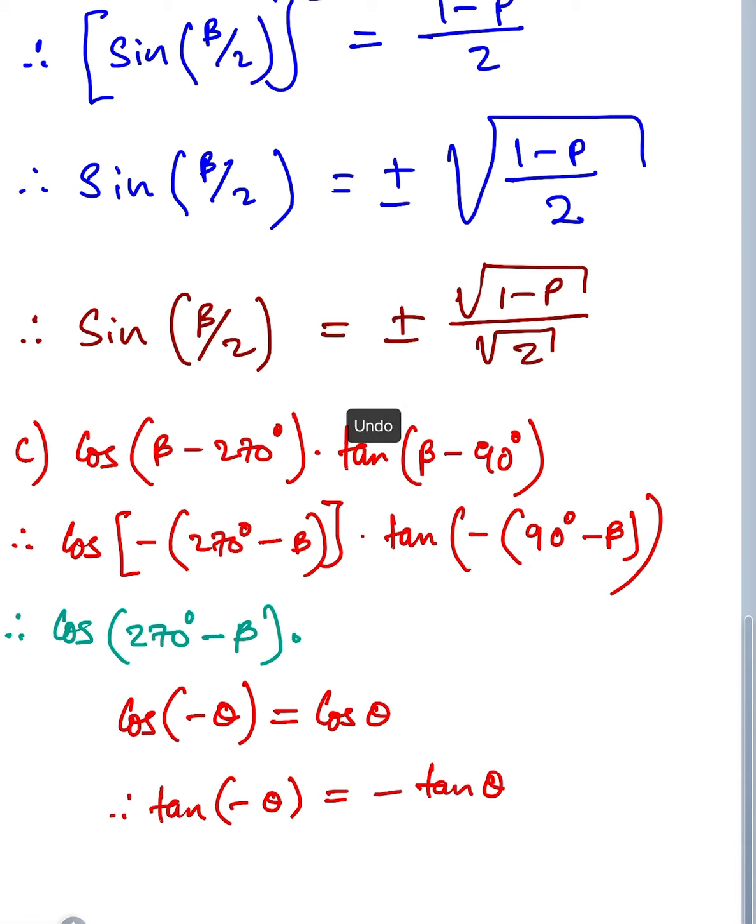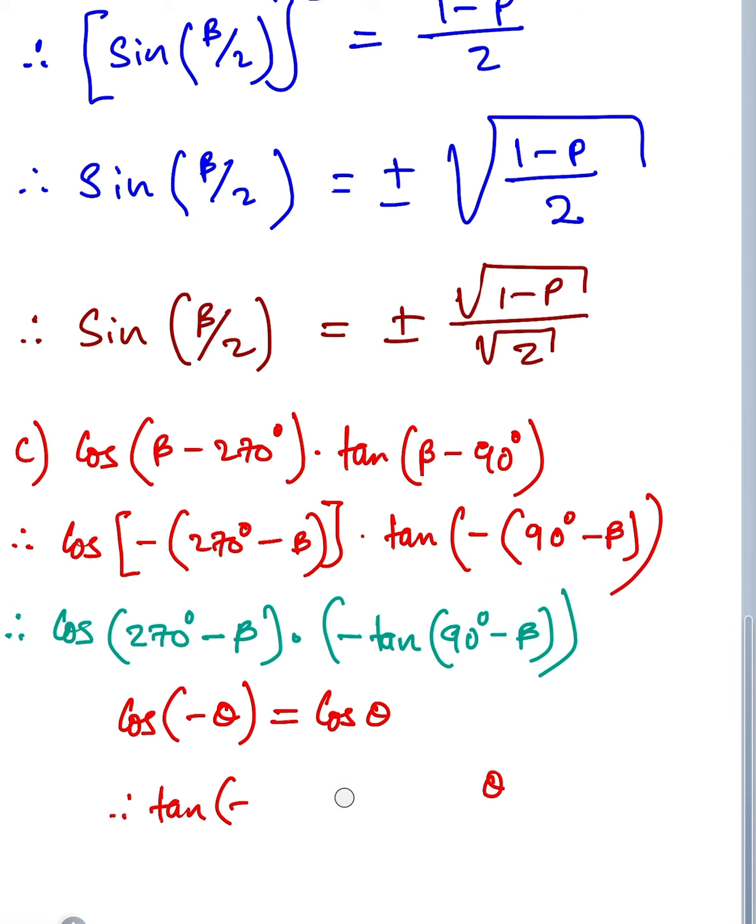That negative won't be thrown away. Now it's going to be negative of the tangent of 90 degrees minus beta. You see why I'm doing this.